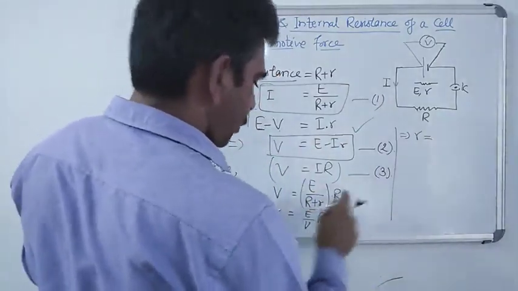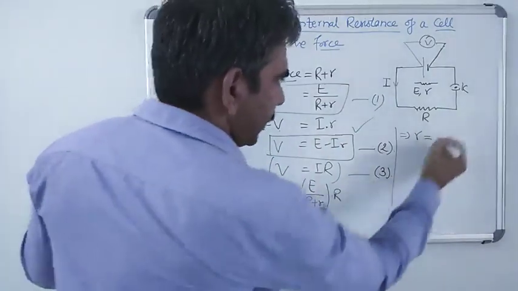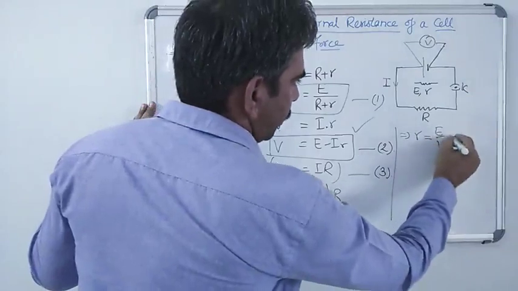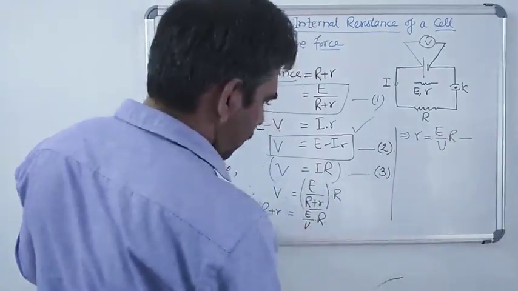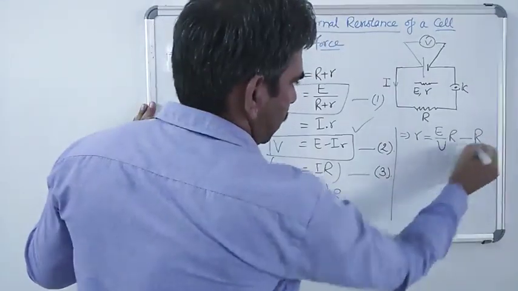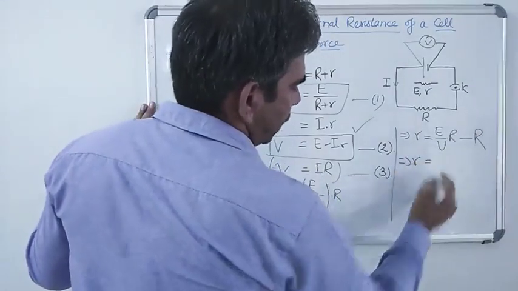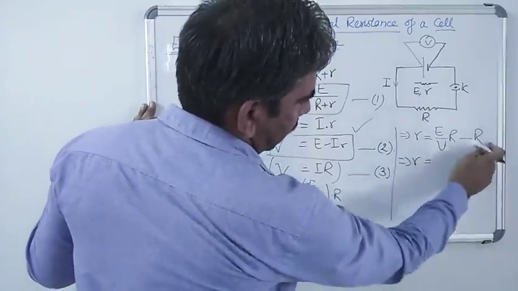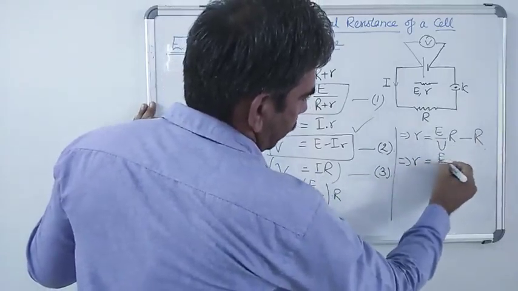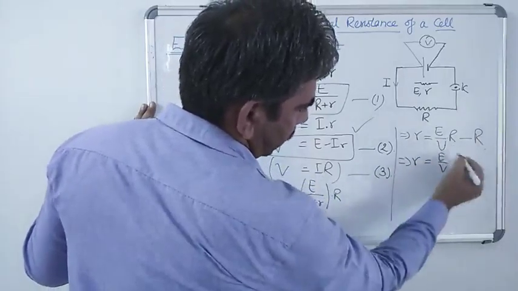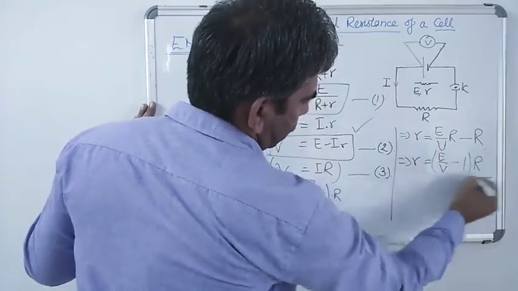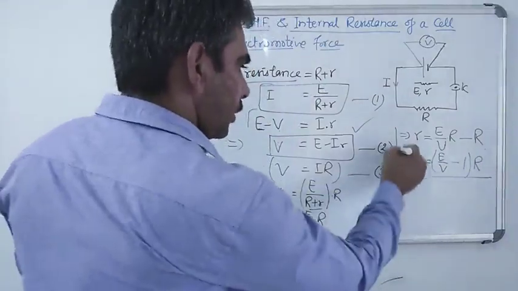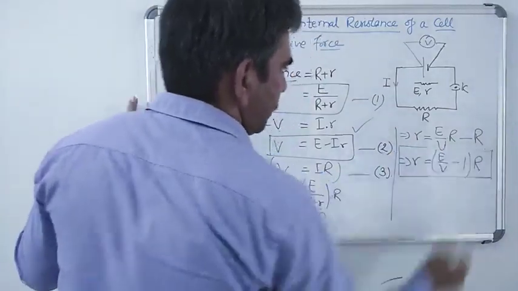So when R goes to the right side, it is equal to E upon V into R minus R, because R goes to the right side, so it is minus R. So from here the internal resistance is nothing but, we take R common, so it is E upon V minus 1 multiplied by R. So this is the expression for the internal resistance of the cell.